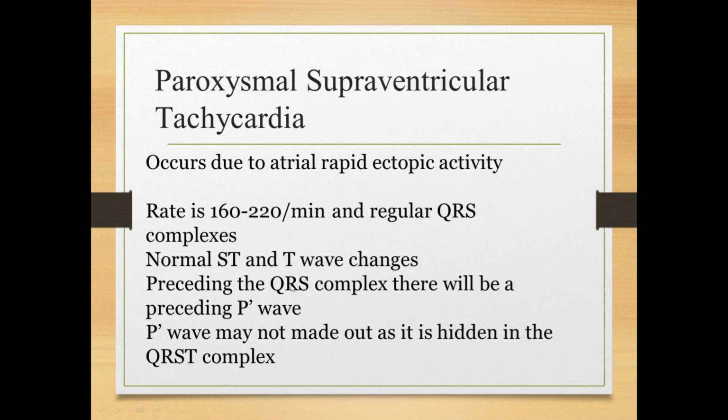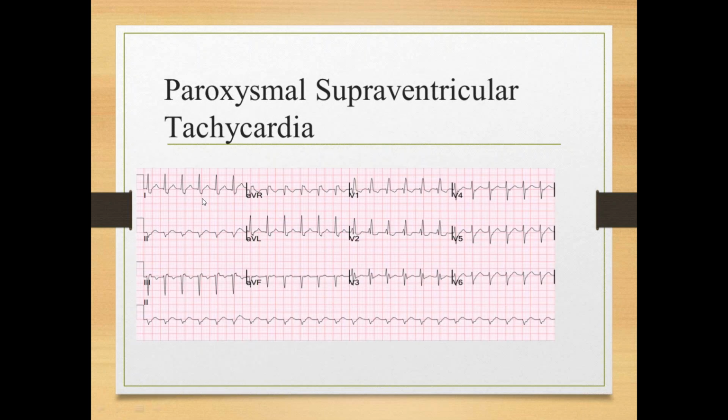Preceding the QRS complex, there will be a P dash wave, but the P dash wave may not be made out as it is hidden in the QRS T complex. So here in this ECG, you may not be able to make out a P wave. The P dash wave is all merged in the QRS complex.